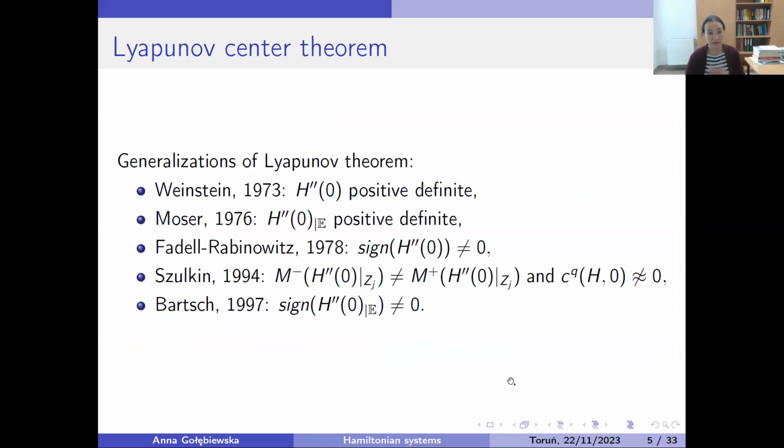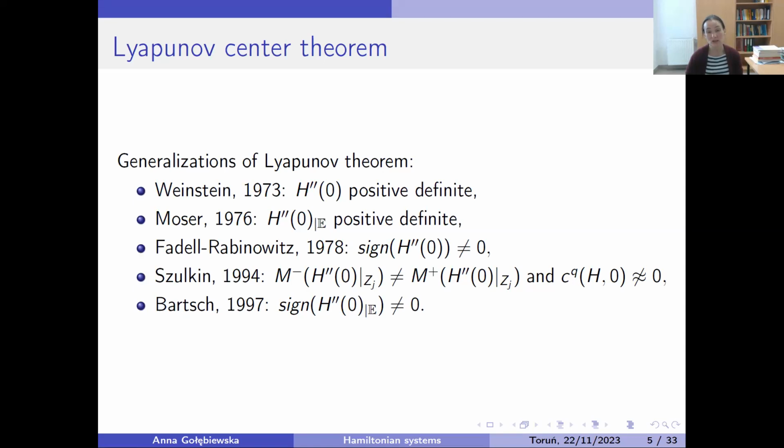So this theorem has been generalized by many authors. I would only like to mention here that there are generalizations, and they mainly assume some behavior of eigenvalues. Because if we, for example, assume that the Hess matrix is positive definite, this is information about eigenvalues. It can also be an assumption about the signature of the matrix.